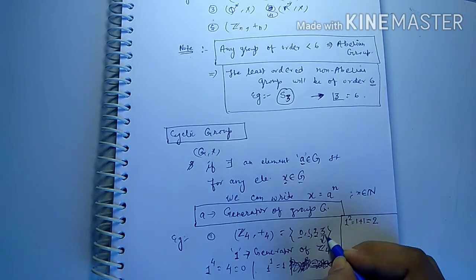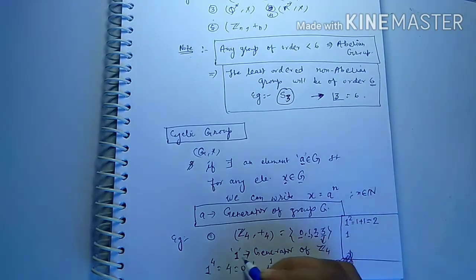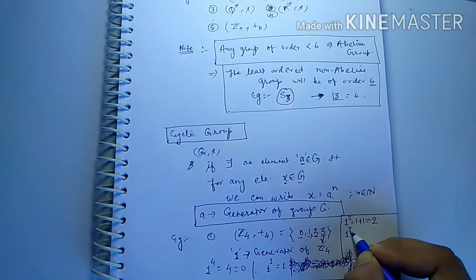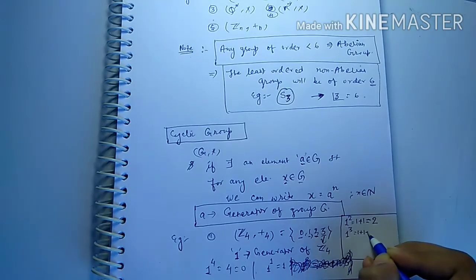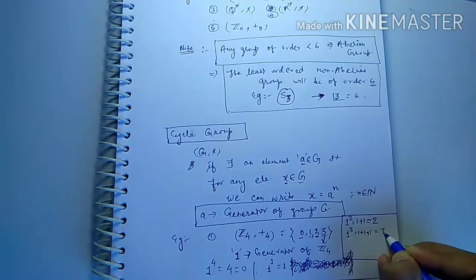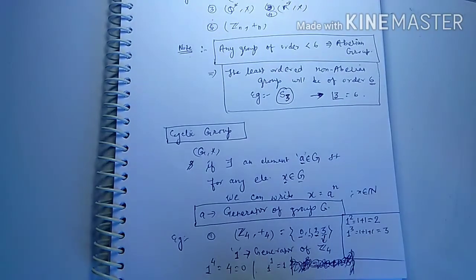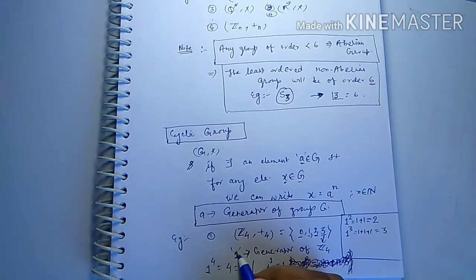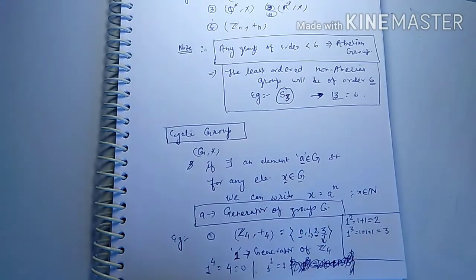Similarly, we can generate the last element 3 by this element 1 as 1 raised to the power 3, and it is equal to 1 plus 1 plus 1, 3 times, and it is equal to 3. So we can generate all the elements by the single element 1. So 1 will be called the generator of this group. So this group is a cyclic group.